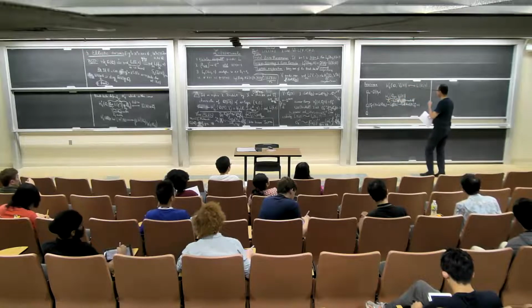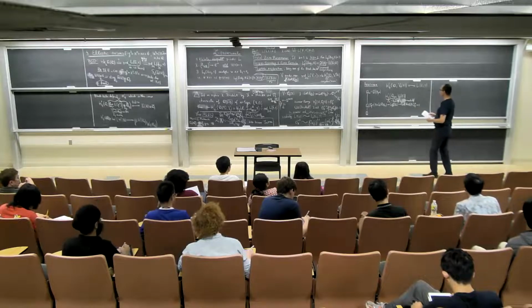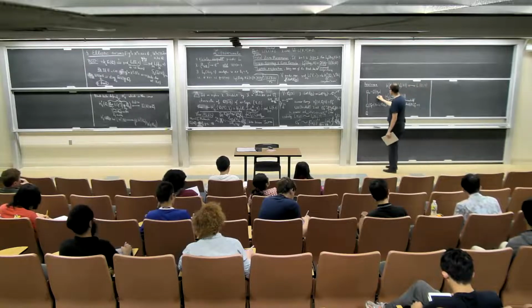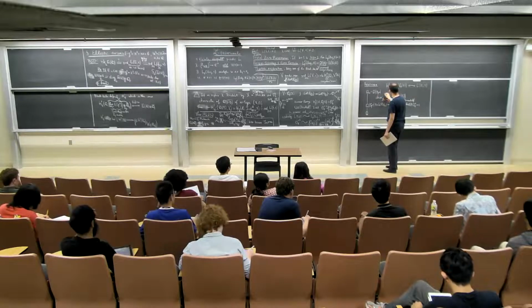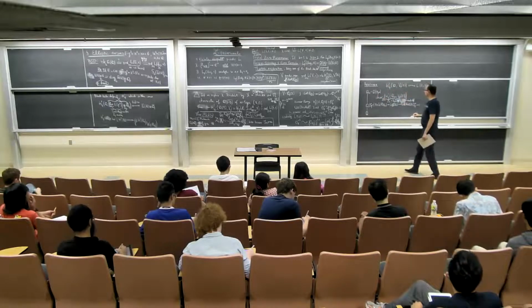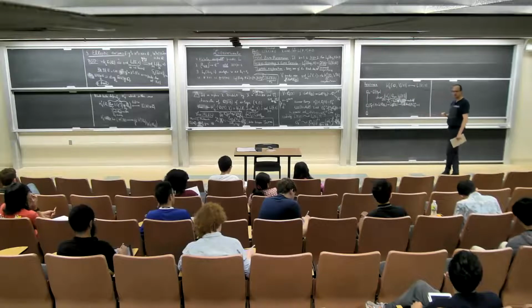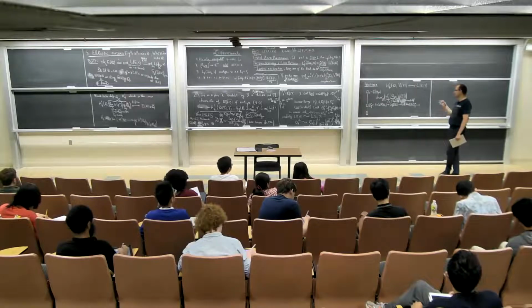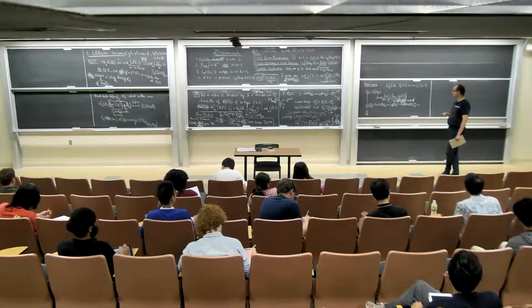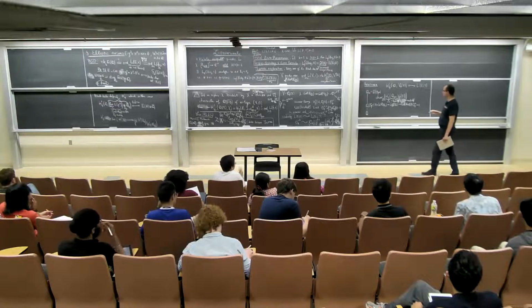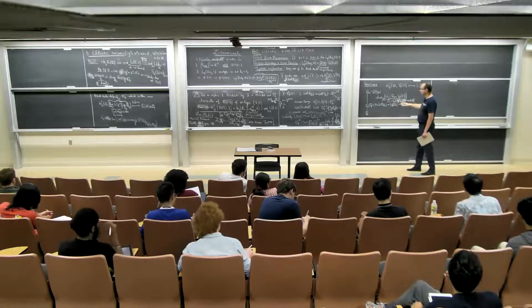And so what the Iwasawa main conjecture says is that if you take a Lambda module, you can consider what's called the characteristic ideal. This characteristic ideal is just an ideal in Lambda.